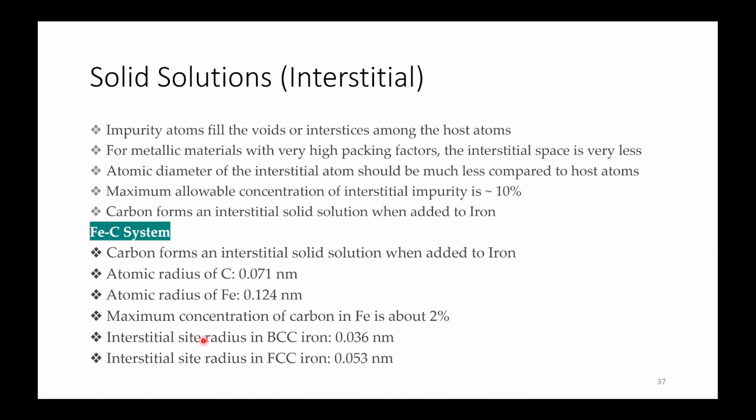The interstitial site radius in BCC iron is 0.036 nanometer, and for FCC iron it is 0.053 nanometer. I don't know if at this level you will understand this part or not, but iron converts into FCC at higher temperature, and then it shows higher solubility because it has greater interstitial radius.